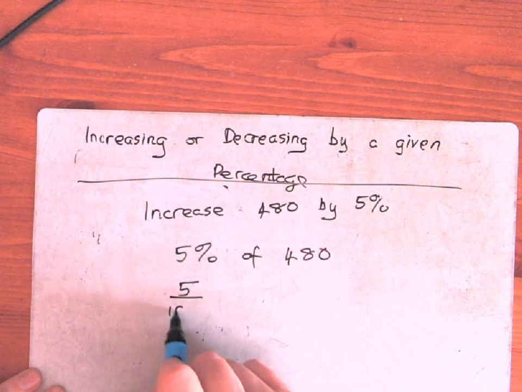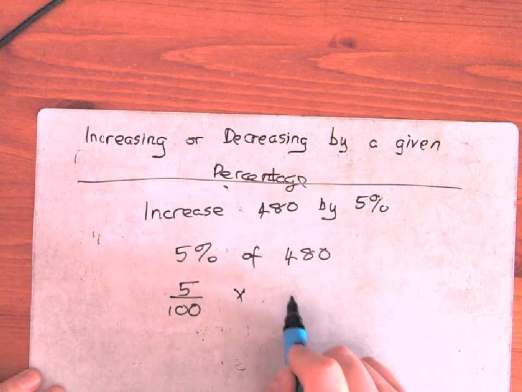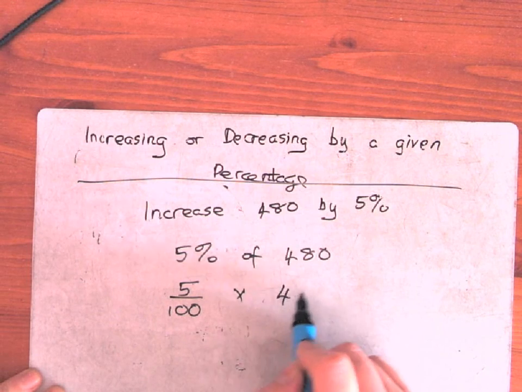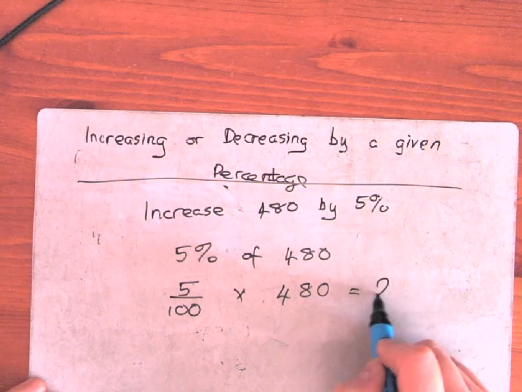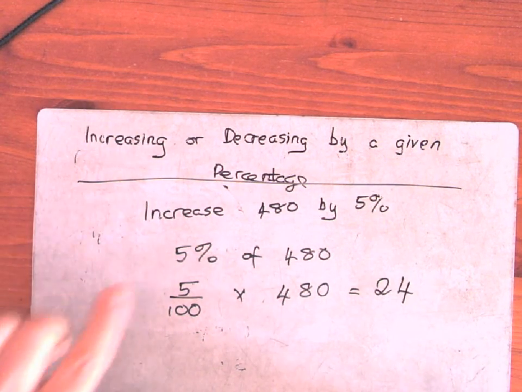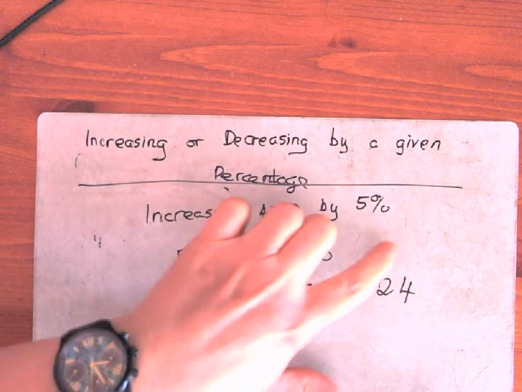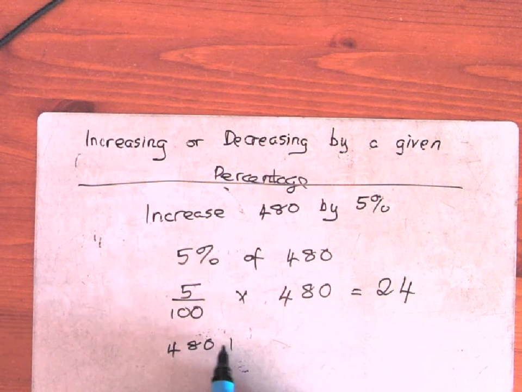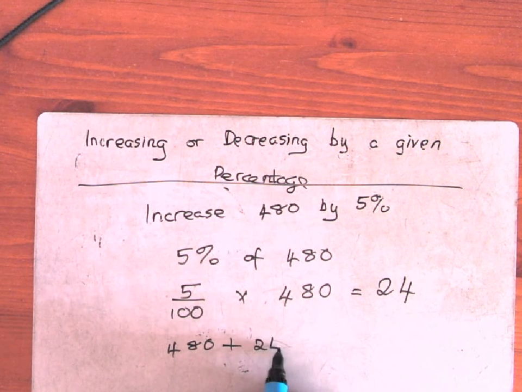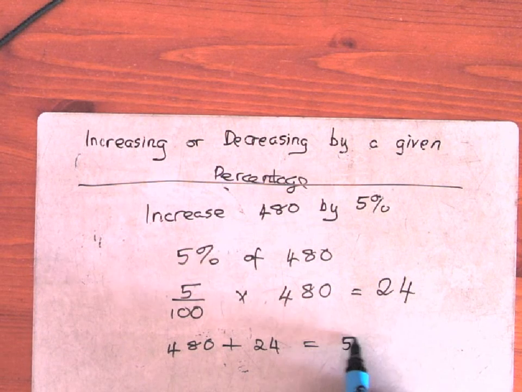Of means you multiply 480. So into the calculator, 5 over 100 multiplied by 480 and you get 24. Now we're not finished. It's increase 480 by 24 basically. So you add it on, 480 plus 24, and that will be 504.